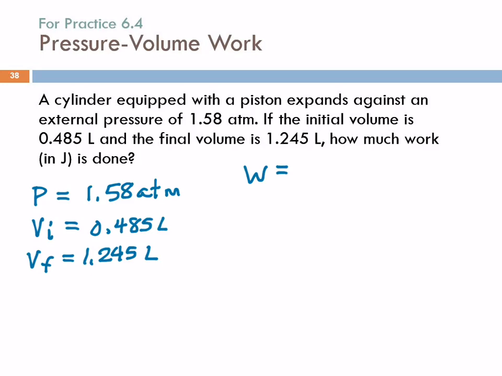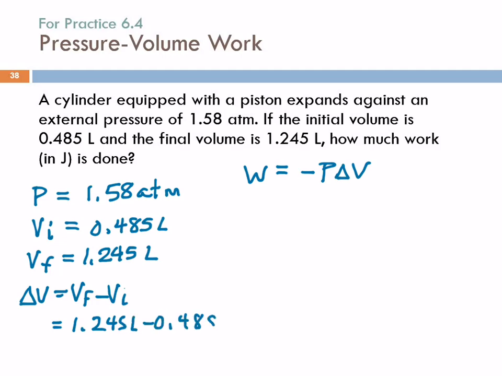Work equals negative P delta V. We've got the pressure, we need delta V. Delta always means final minus initial. So this is the final volume minus the initial volume. 1.245 liters minus 0.485 liters is 0.76.